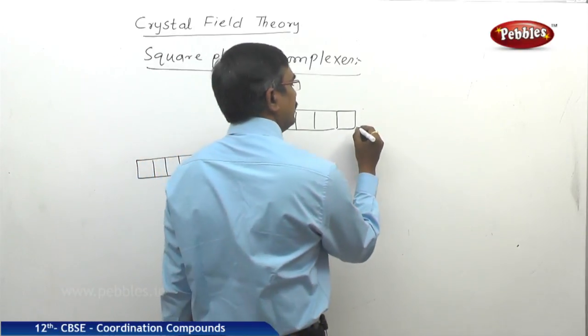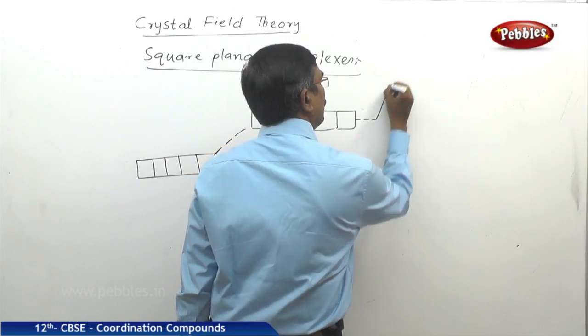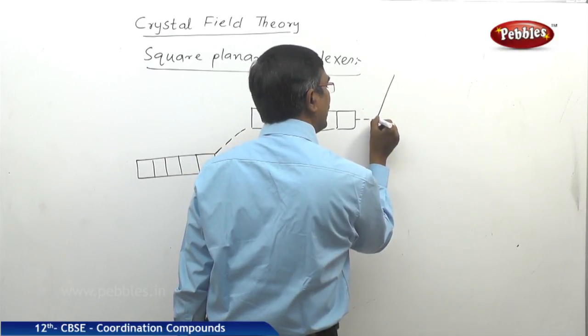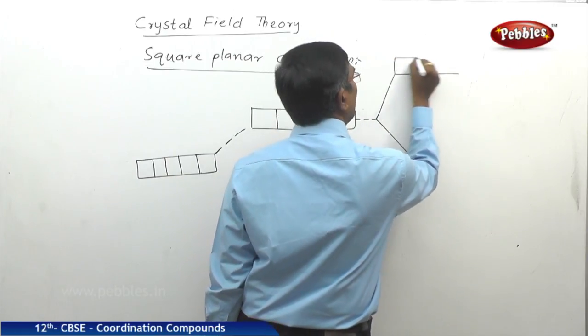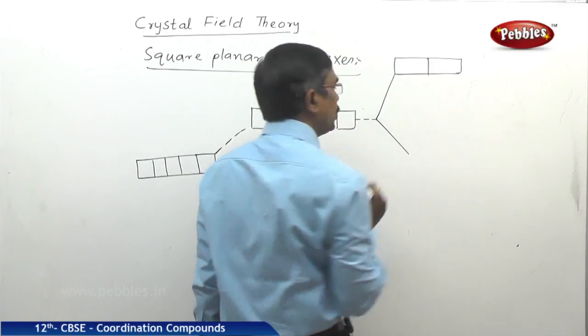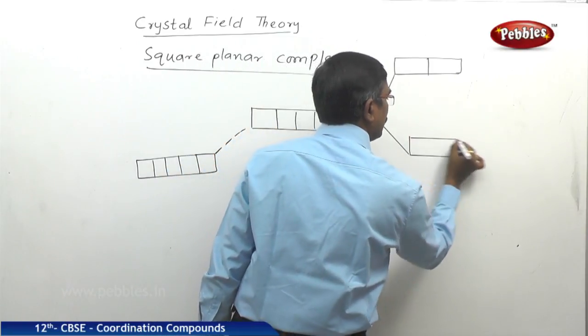Now let us see how the energy increases in the case of the octahedral field. In the case of octahedral field, I told you there will be 2 orbitals here and 3 orbitals here.